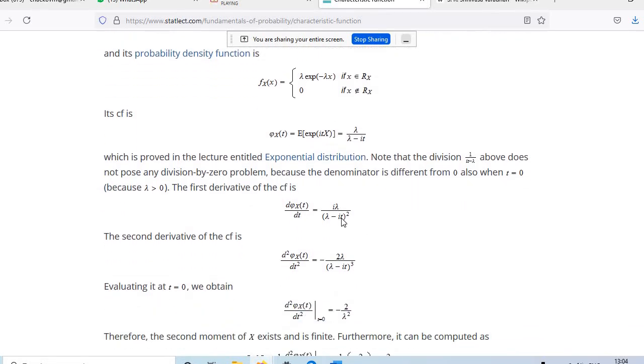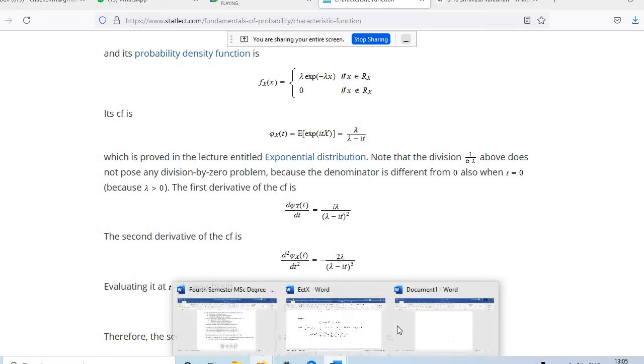So after differentiation with respect to t, you can see that the first derivative, that is lambda by lambda minus it, into -1 by lambda minus it.